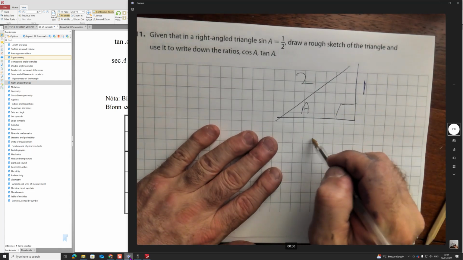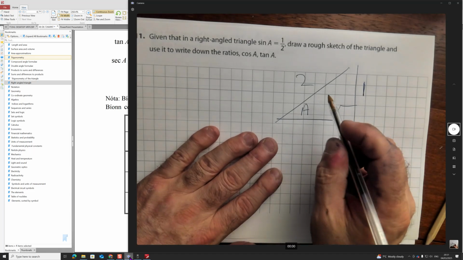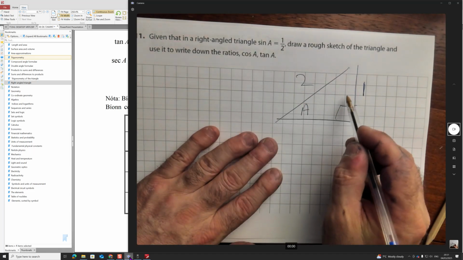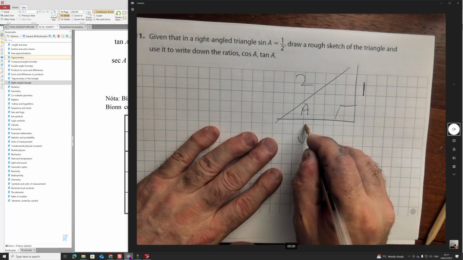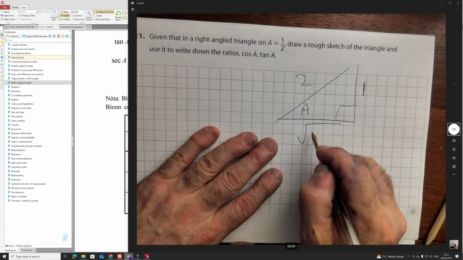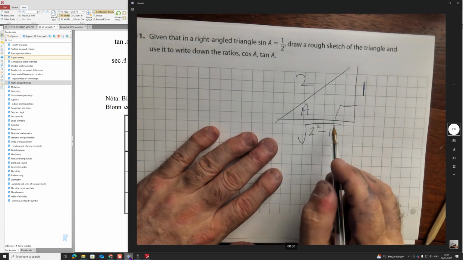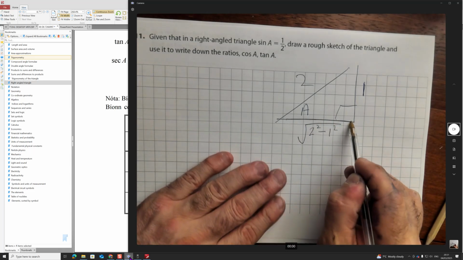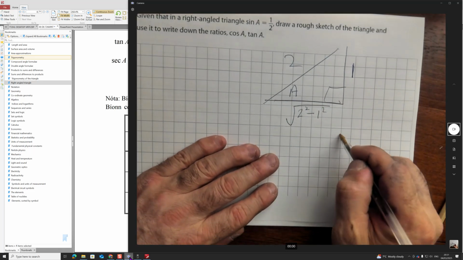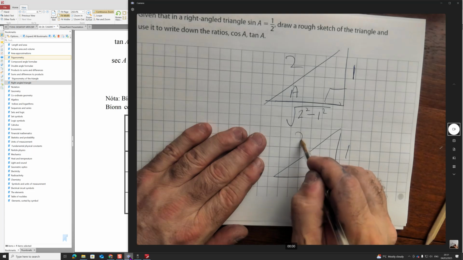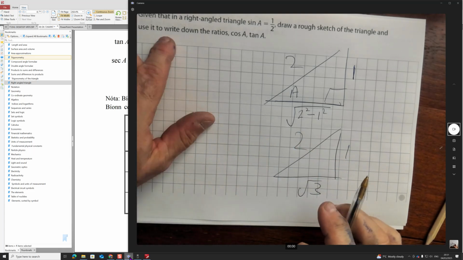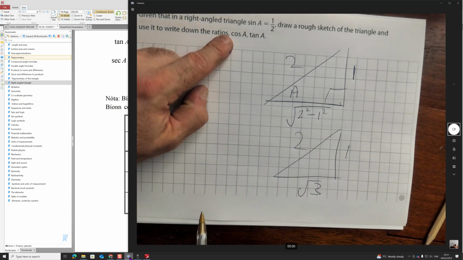You can apply Pythagoras' theorem to get this in case we need it, which we will if we're doing any cos and tan. So we'll apply Pythagoras' theorem. Let me slow it down. That squared minus that squared, because it's applying Pythagoras on a leg. Okay, well that's our famous friend 1, 2, root 3.